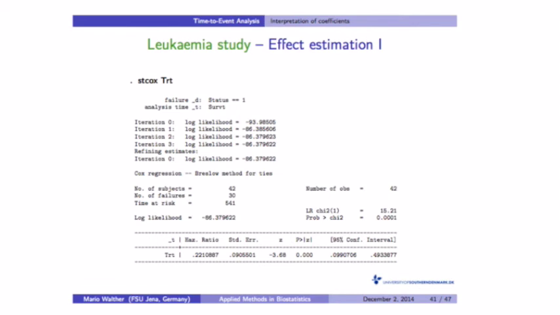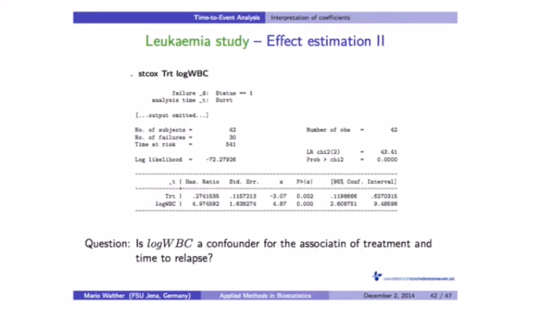So if you incorporate a second exposure variable, which is in this case the logarithm of white blood count cells, we get this table where we have these two exposure variables, treatment and the logarithm of white blood count cells. And what you can also see from this output is that there is no information concerning the baseline hazard.